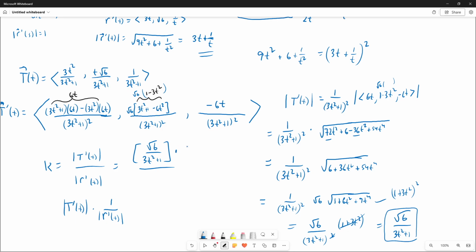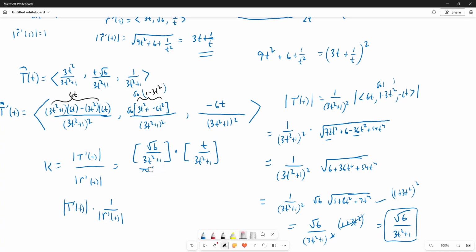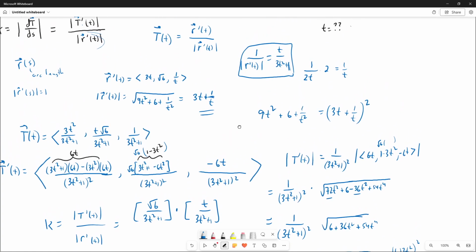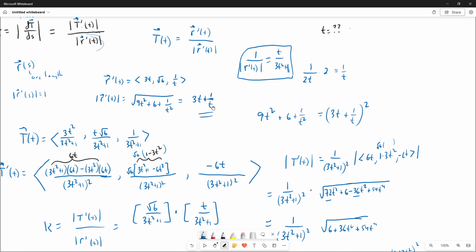We have to multiply here by this reciprocal, which was t over 3t squared plus 1. And I believe if I scroll up, we can see that. There was the magnitude of r prime of t, and there's 1 over the magnitude of r prime of t. So t squared over 3t squared plus 1. So this is our final answer.